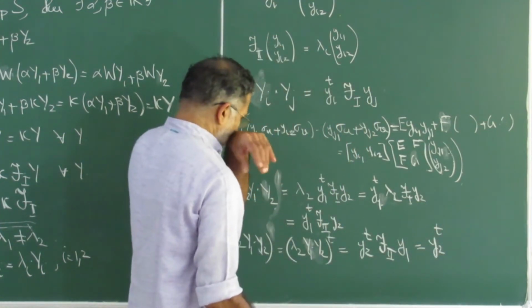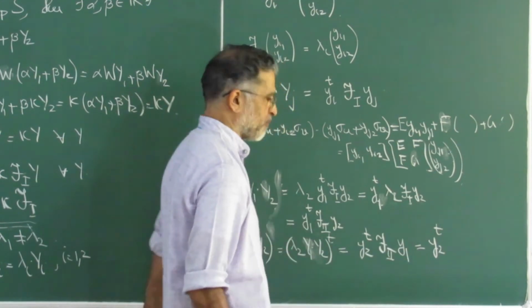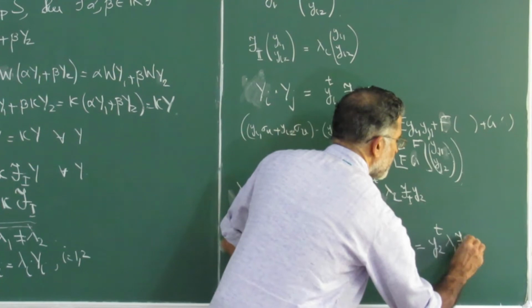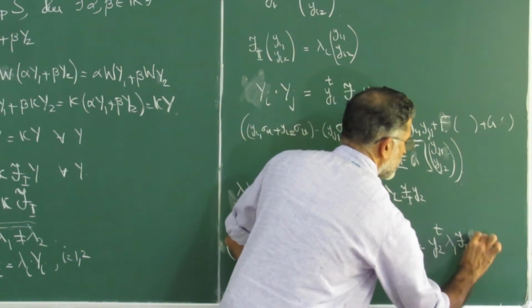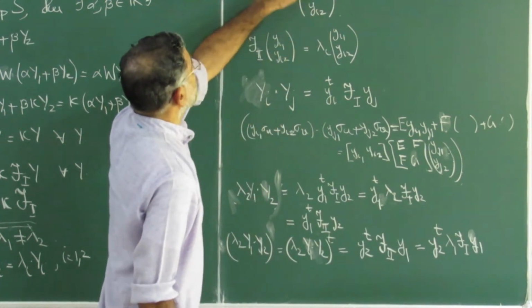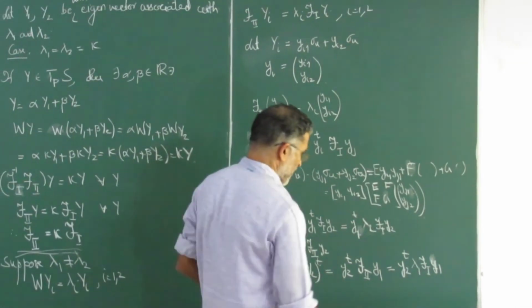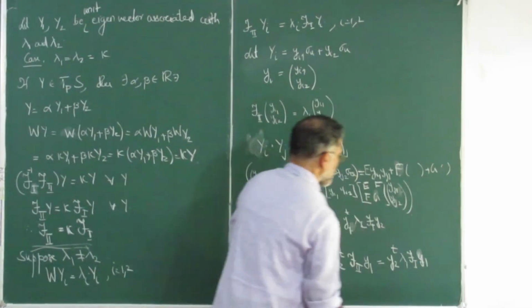y2 transpose, what do you know about F2 y1? F2 y1 is lambda 1 F1 y1. For both the eigenvalues, it is just lambda I F1. Okay. And what is that? So let us take this lambda 1 outside.